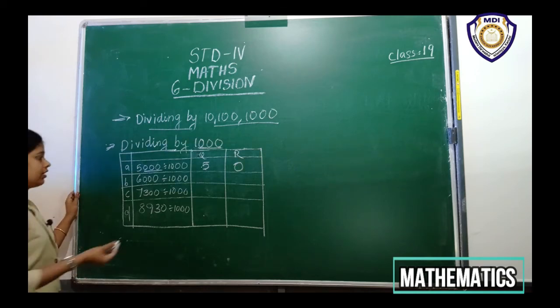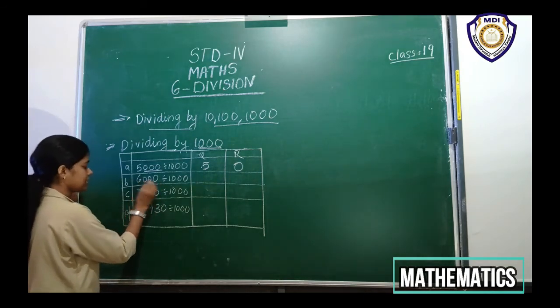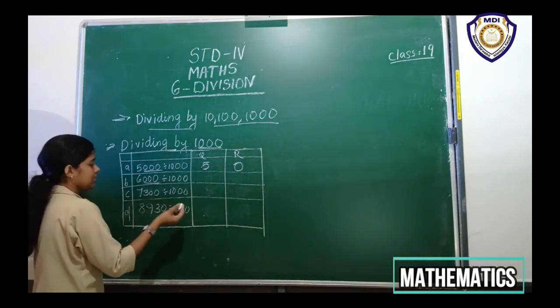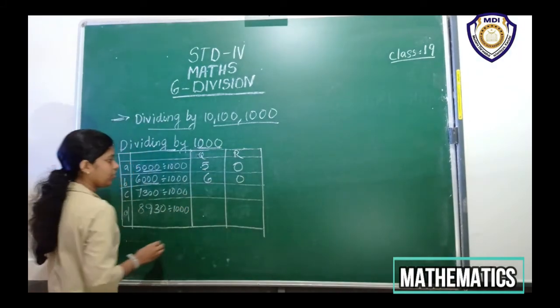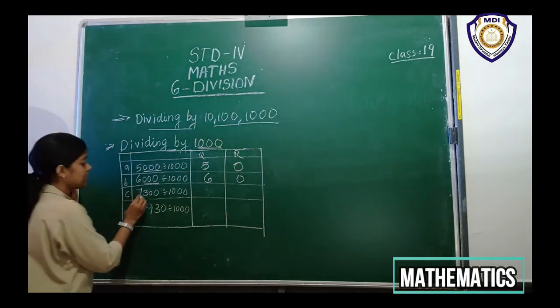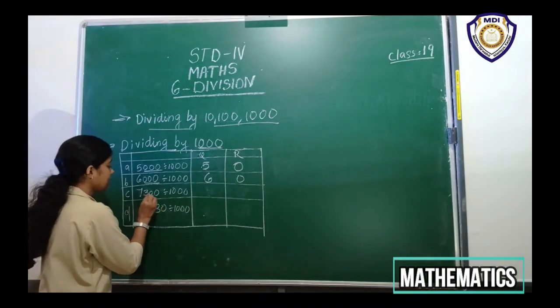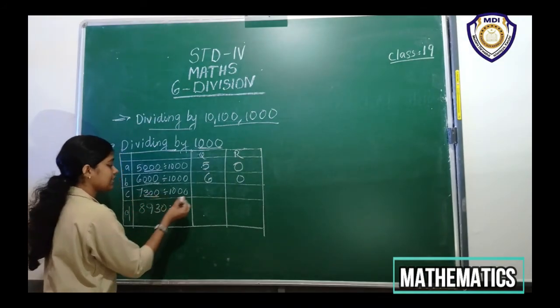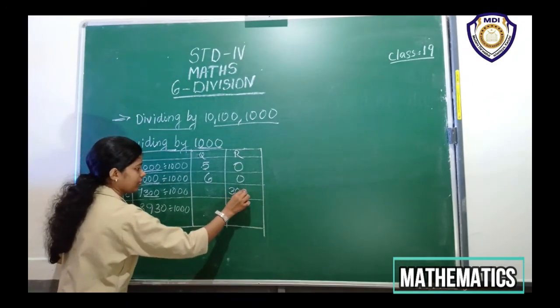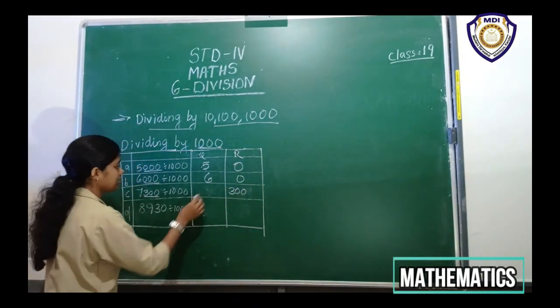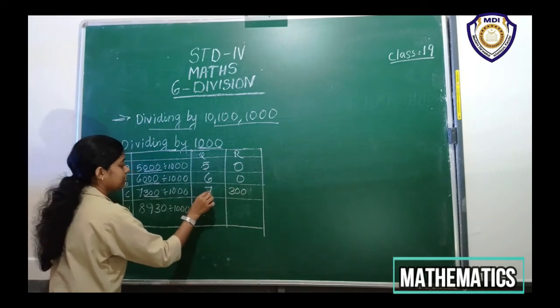Here 6,000. The last 3 digit number is 0, then 6 is the quotient. Then here 7,300. The last 3 digit number is the remainder, and the remaining number is 7.